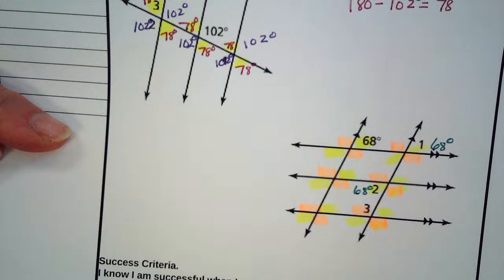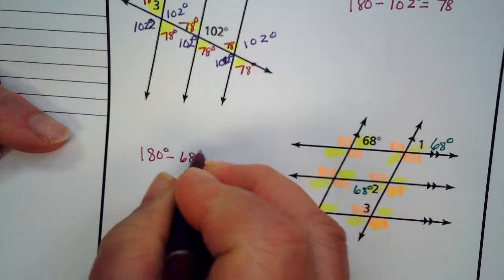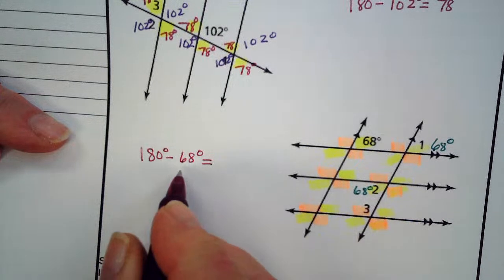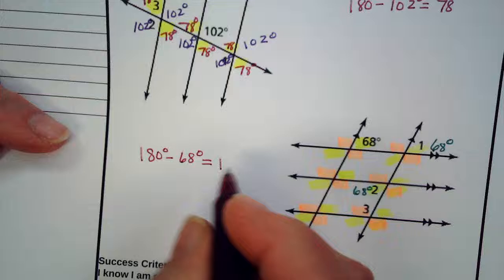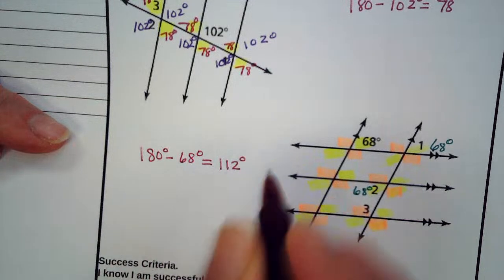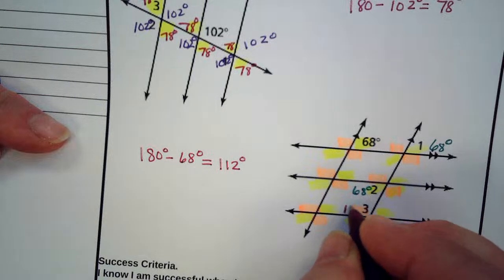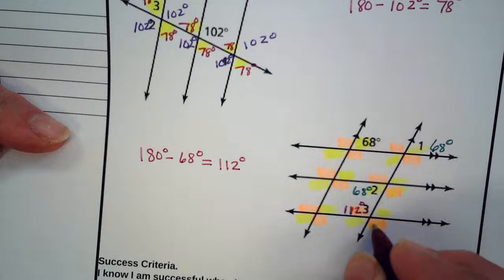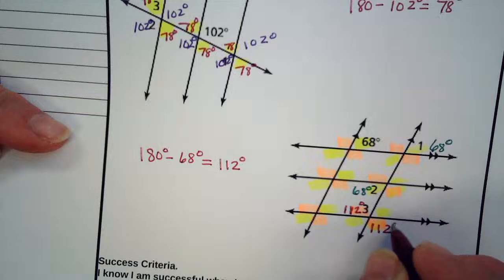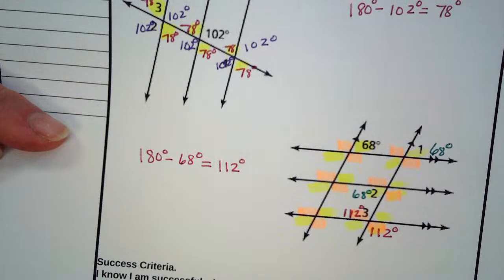It won't be 68, but it will be 180 degrees minus 68 degrees, which will give me 112 degrees. So everything in orange is 112 degrees. Everything in yellow is 68 degrees. And that is the way we work with it.